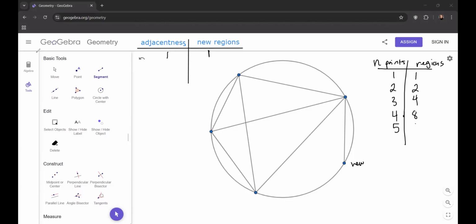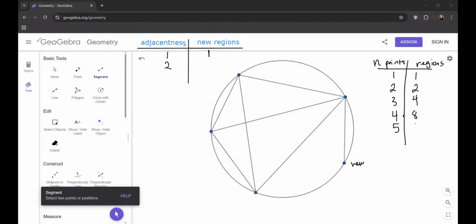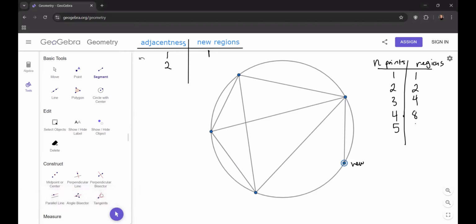Then, when I have an adjacentness of 2, here I cross 2 lines, and that creates 3 new regions. But why does it cross 2 lines? Because that number actually does end up changing as it goes from one figure to the next.